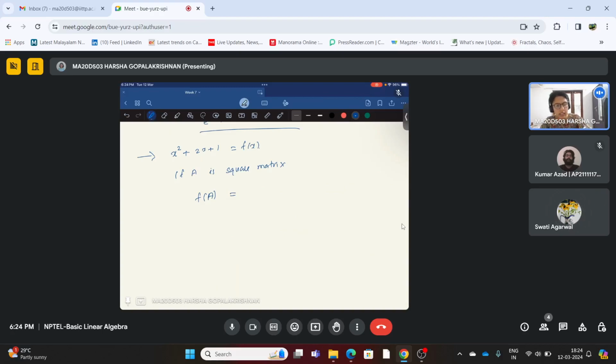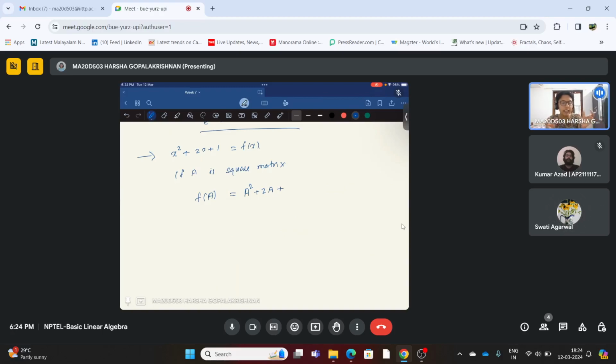The only thing is to replace x with A. So A square plus 2A plus what will come instead of 1? 1 is the unit in the real line. Correspondingly, what is there in the set of all matrices? Identity, right?